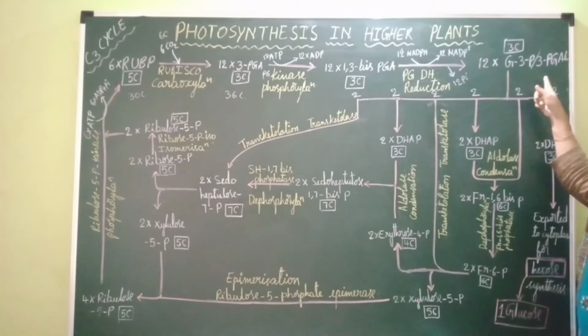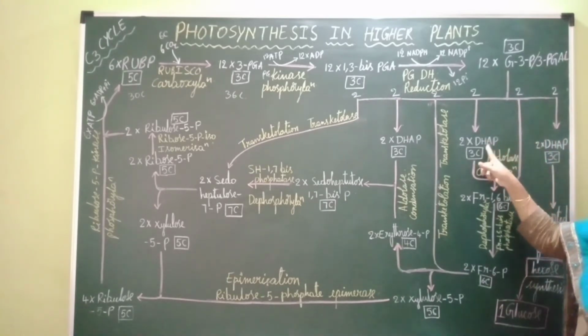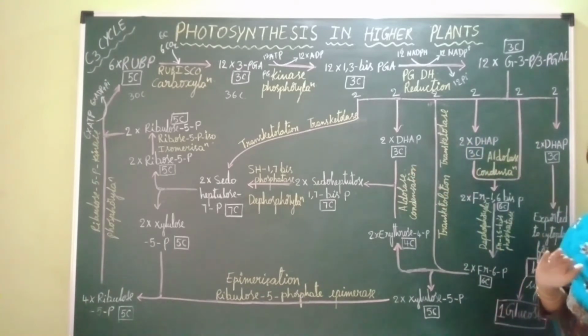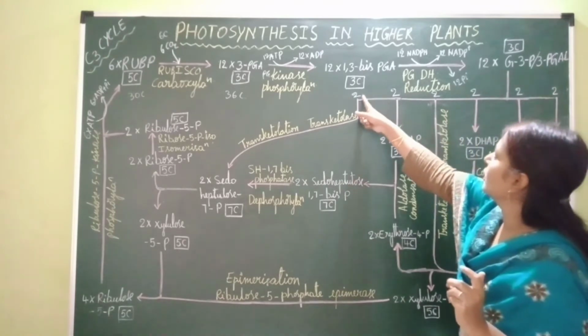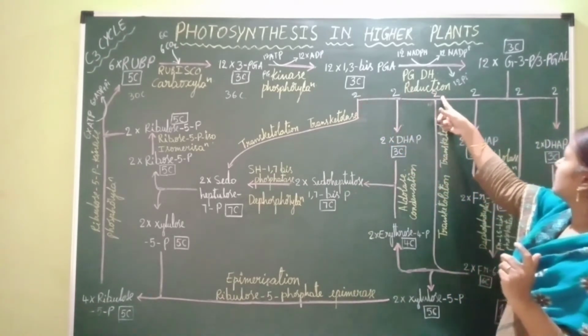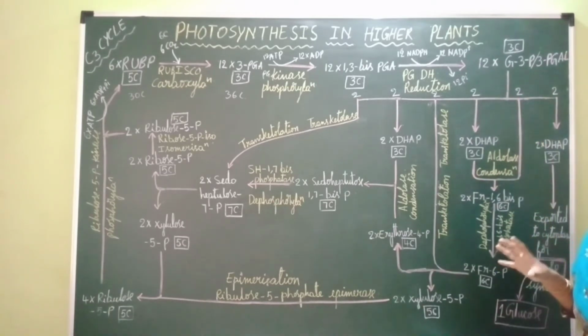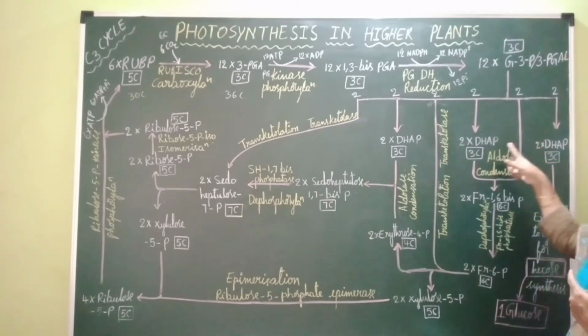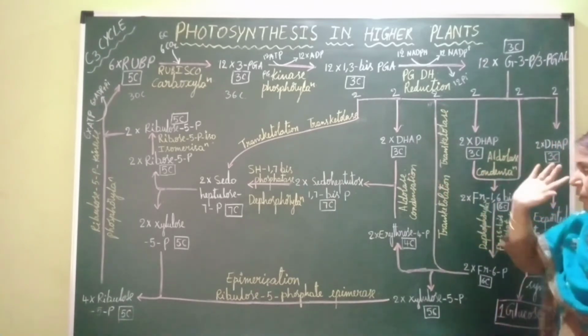Among 12 molecules of G3P, that is trioses, 6 molecules of G3P undergo isomerization into 6 molecules of DHAP, and the remaining 6 molecules of G3P remain as G3P only, right?